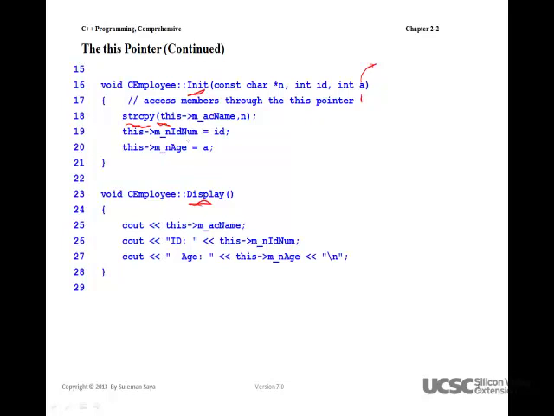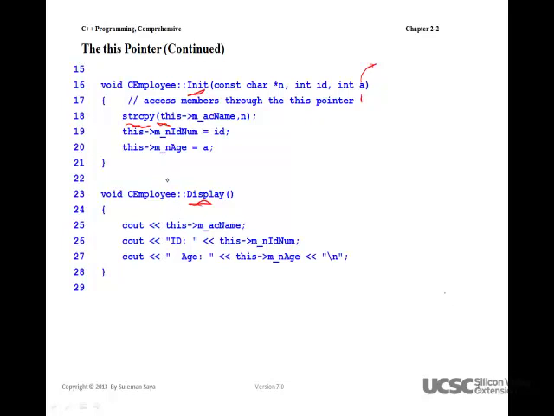So let me finish this display function, and then we will really discuss this in the next slide, how this pointer is able to utilize these data members, or even if it is necessary to declare this pointer this way.